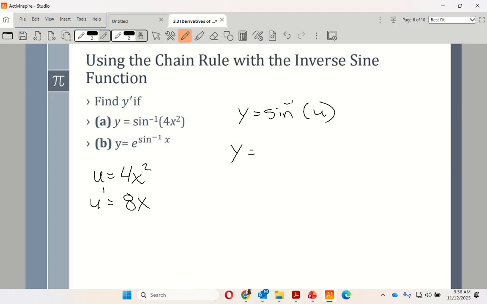Negative cosine? No. This is the arc sine, the inverse sine, the one from the previous slide. It's 1 over the square root of 1 minus x squared. But what's my x on this one? Oh, u squared times u prime.